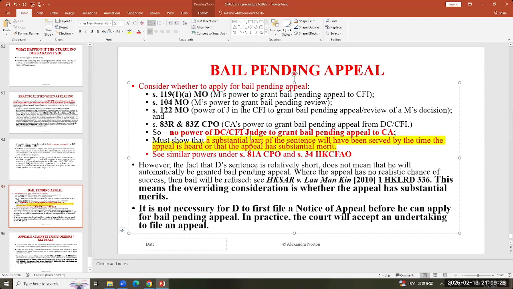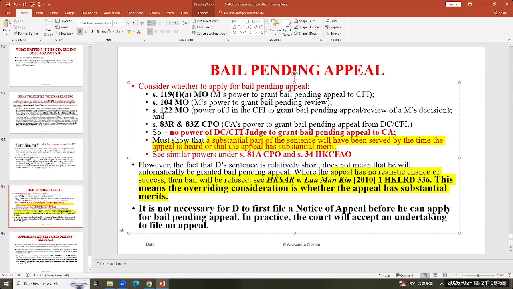But where the sentence is very short, it doesn't mean that the defendant will get bail pending appeal just because he's only been sentenced to 2 weeks in prison and it's going to take 2 months for the appeal to be heard. The overriding consideration is whether the appeal has substantial merit. So if the appeal does not have substantial merit, then the fact that his sentence is only a short one will not get him bail pending appeal.